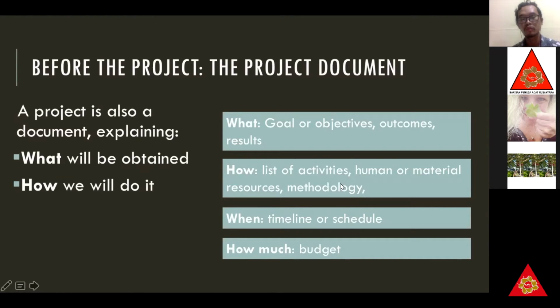So you must, in your project, write a list of activities. What are you going to do concretely? A list on how also involves the human or material resources. And also the how implies the methodology. We speak of methodology of how we will do things.